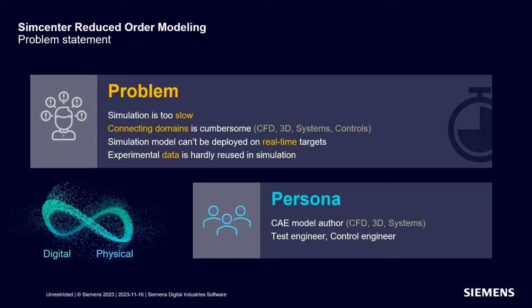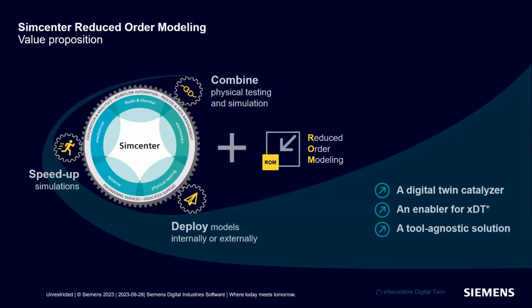So if you're a simulation engineer, a test engineer, a controls engineer, we can get this digital and physical world intertwined to really get this efficient way of modeling and simulating together in a common environment or through a synergy. Now, if you look kind of where this is, or a better way of viewing it is we're combining physical testing, simulation data.